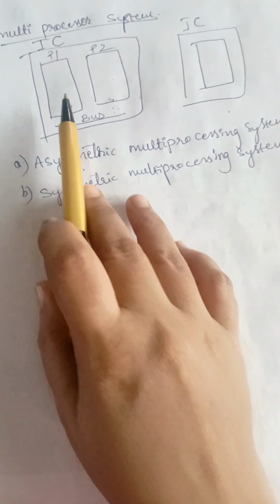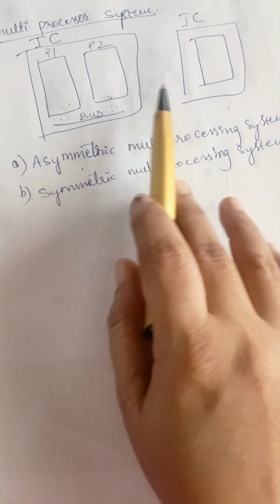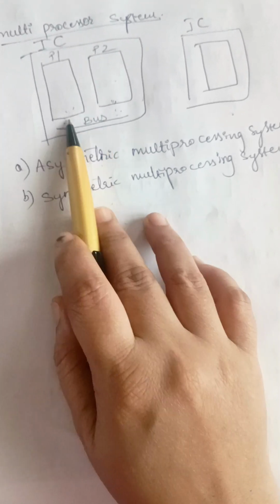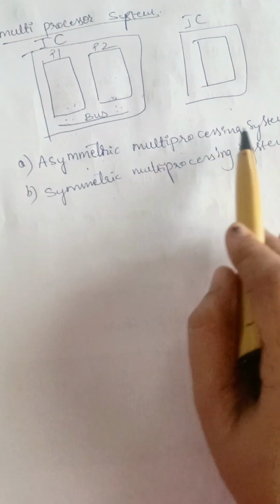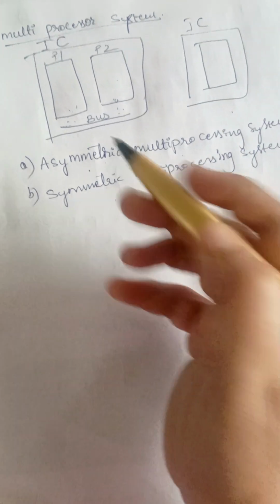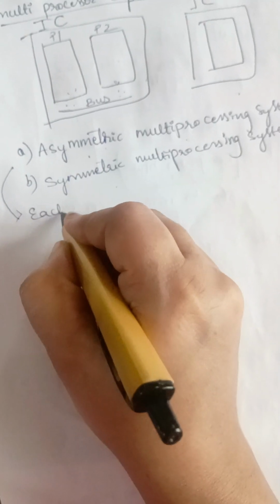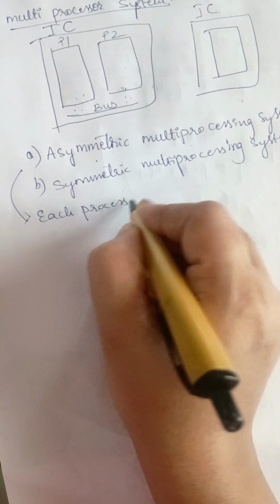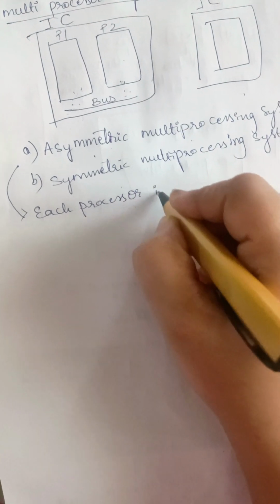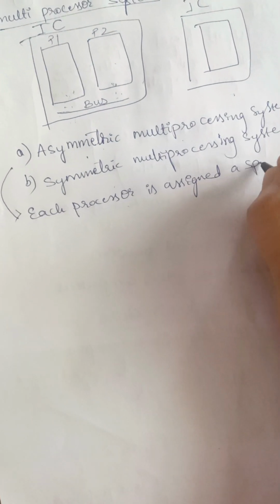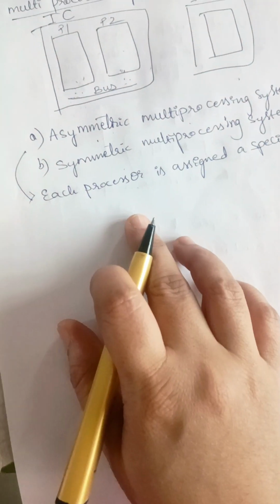However many processors there are, specific tasks will be assigned to all of them. This is known as an asymmetric multiprocessing system, where each processor is assigned a specific task.